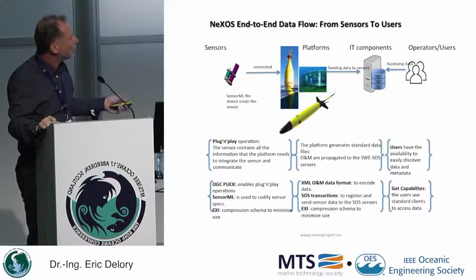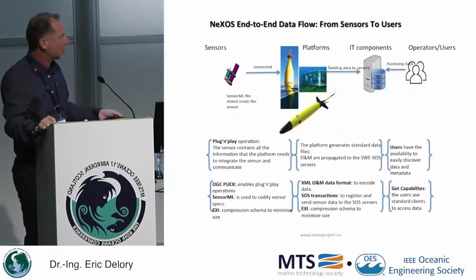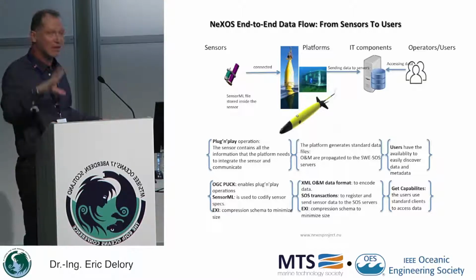This is the type of solution that we are testing at this moment, like OGC PUCK and SensorML as a standard payload that can feed into this standard and compressing that information.